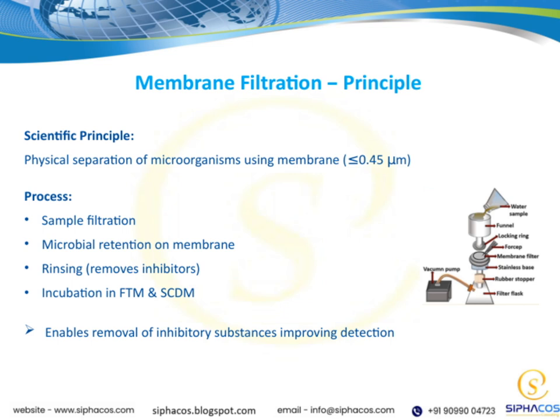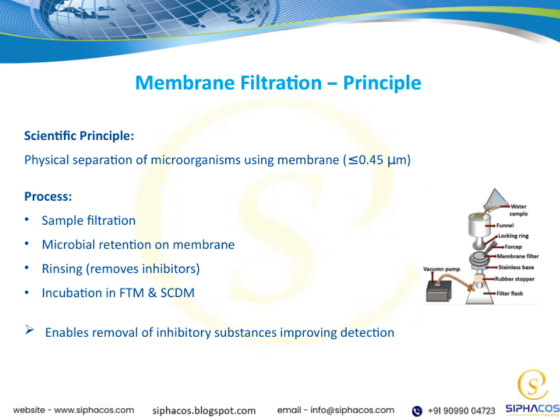By doing so, it significantly improves our chances of accurately detecting and identifying the microbes present in the sample. Overall, membrane filtration is a straightforward but powerful technique that enhances the sensitivity and reliability of microbial detection in our testing process.